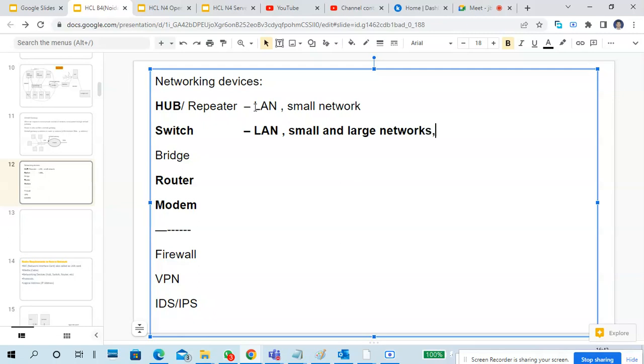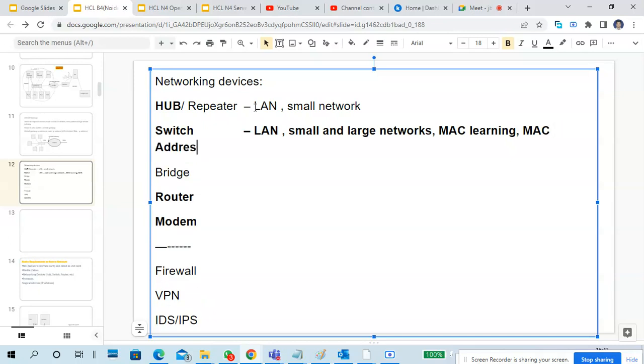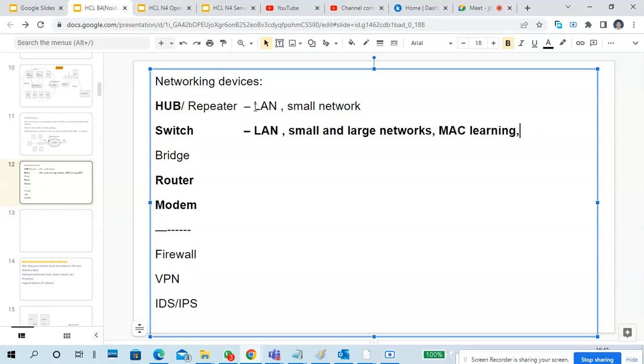It is intelligent. It can understand MAC addresses, so it will do MAC learning and create a MAC address table. We'll review that one.